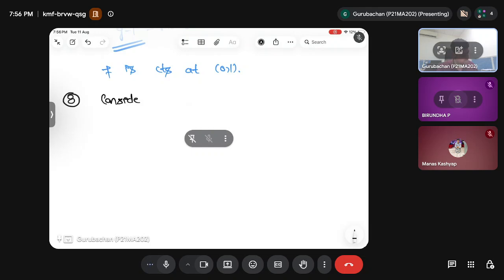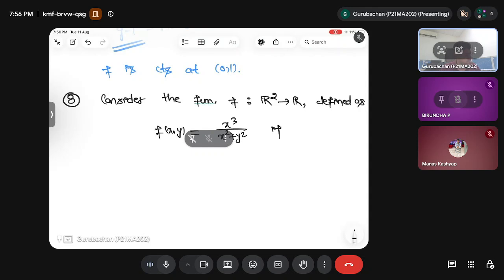Consider the function f from R square to R defined as f(x, y) = x cube, if (x, y) is not (0, 0), and 0 at (0, 0).